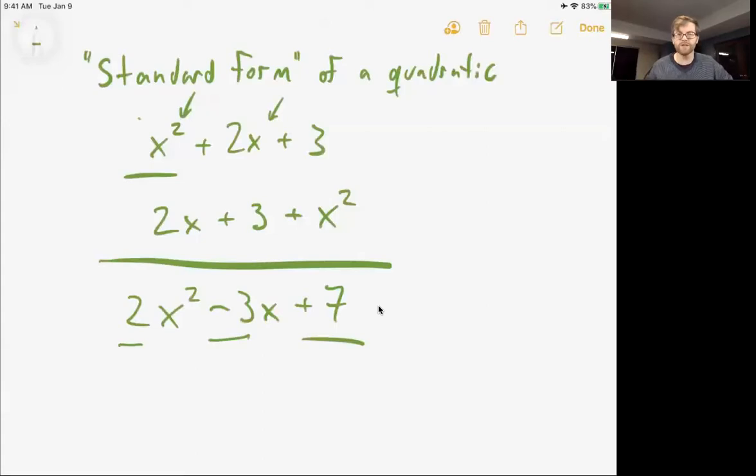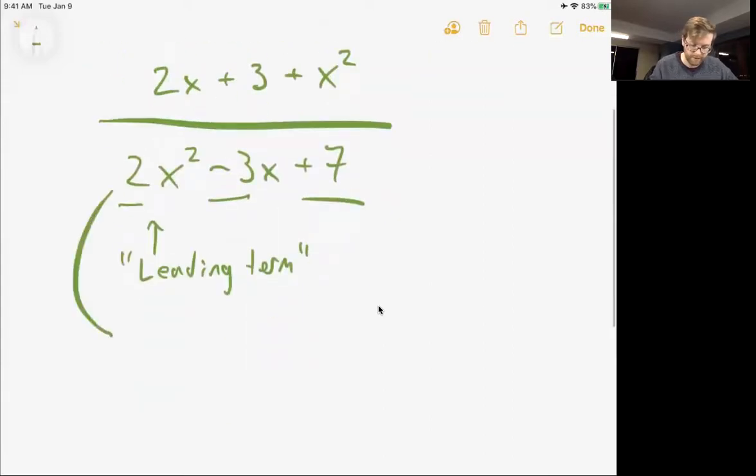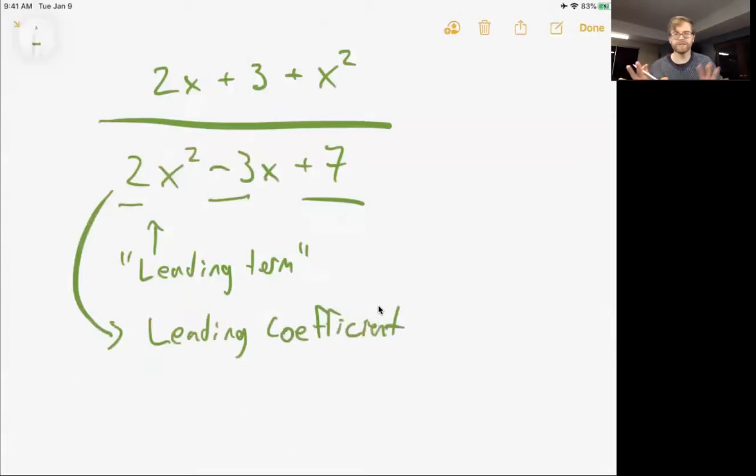That's just the coefficient of that largest degree term. So that's the leading term, and so 2 is the leading coefficient. Okay, awesome. Just a little background on some terms that we're going to use, some nomenclature.